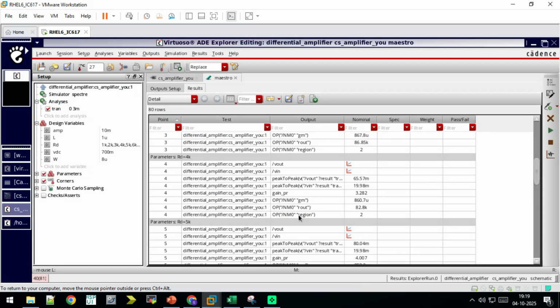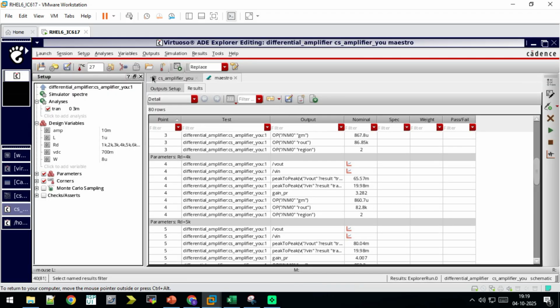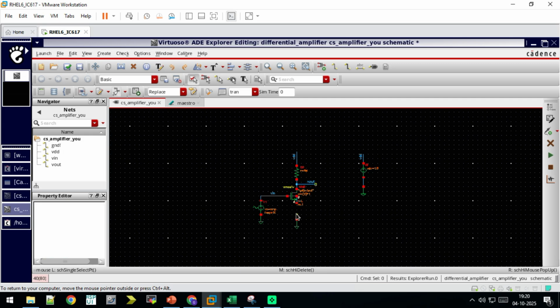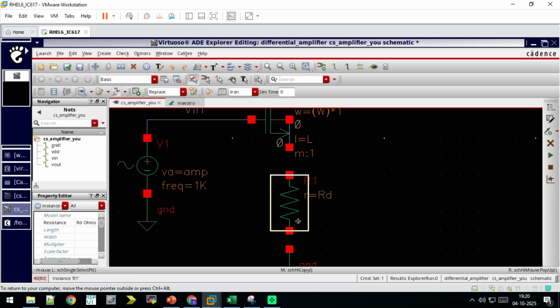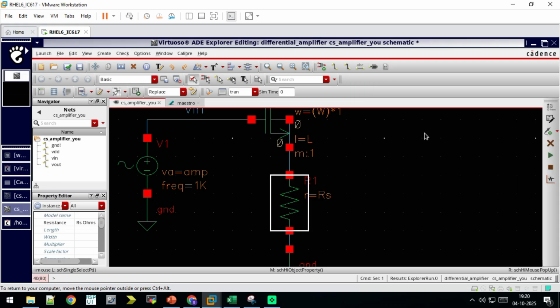Yes. So previously we didn't have the source resistance. Now the common source amplifier will be modified. Here I'm keeping the source resistance. The variable name for that resistance is considered as RS.